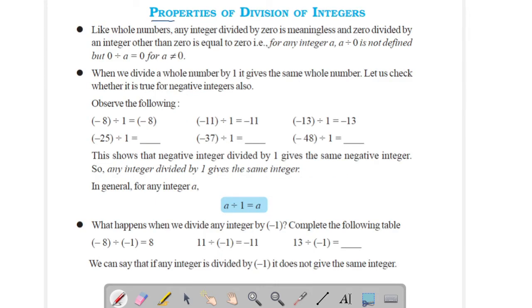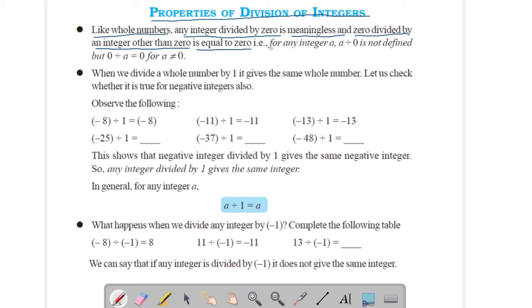Now properties of division of integers. First property, like whole numbers, any integer a divided by 0 is meaningless and 0 divided by an integer other than 0 is equal to 0.